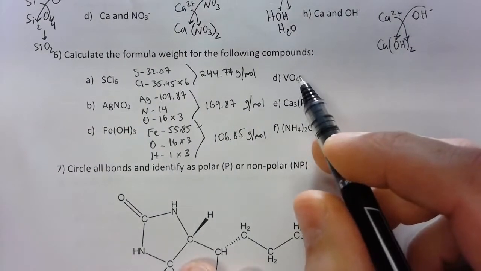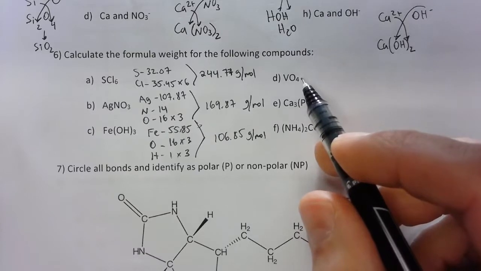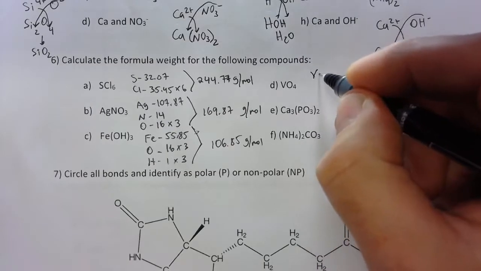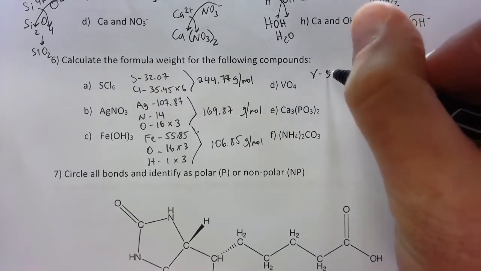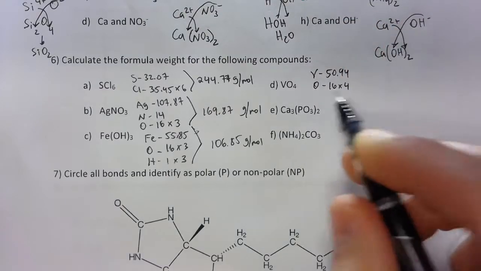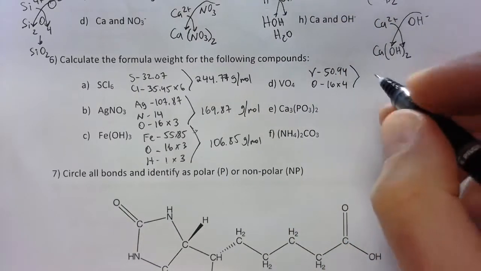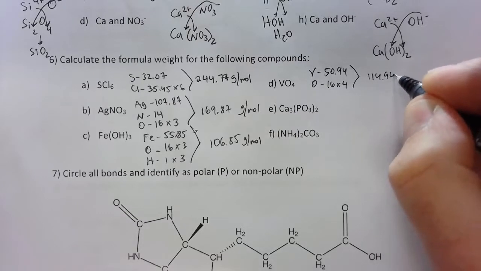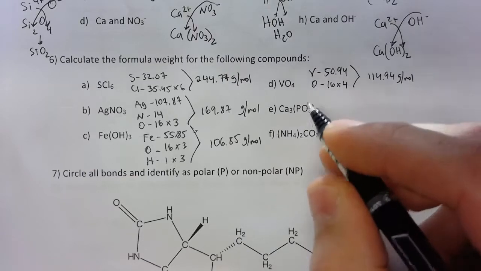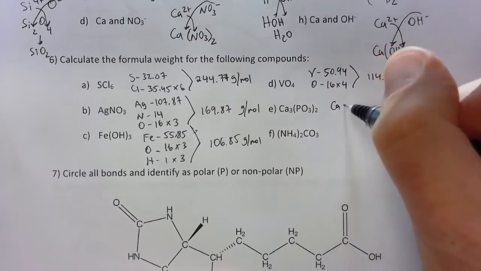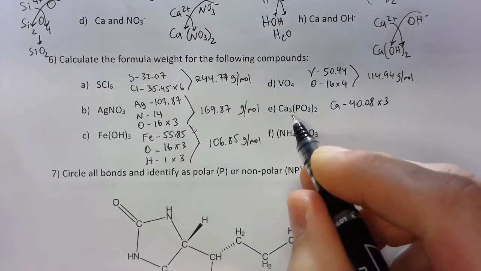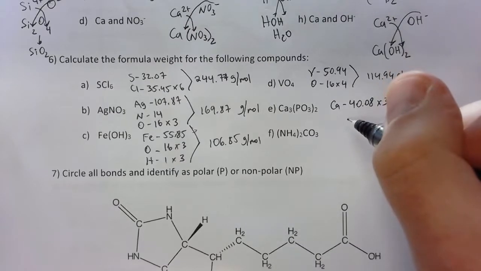Over here, vanadium oxide. Vanadium comes in at 50.94. Oxygen 16, and there are 4 of them. Add those together and we get 114.94 grams per mole. Calcium phosphate. Calcium comes in at 40.08. There are 3 of them. Don't forget to multiply that by 3.